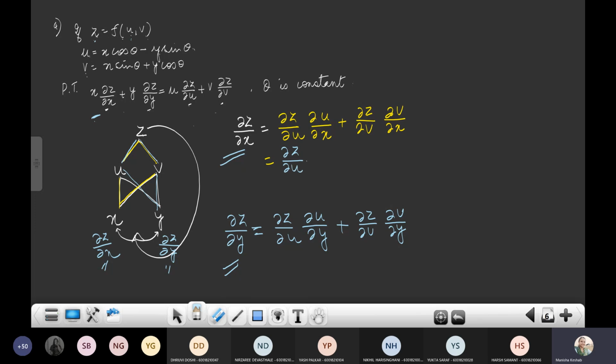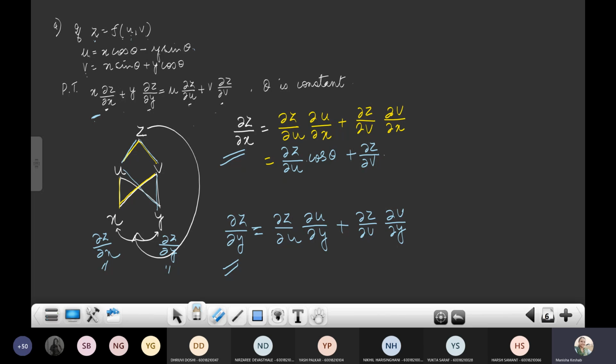Now ∂u/∂x we can evaluate. Okay, so ∂u/∂x will be equal to what? Simply cos theta, plus ∂z/∂v. So यहाँ पे sin theta, cos theta, these are all constant. So ∂z/∂v ये नहीं पता है हमें, because z is a general function of u and v.